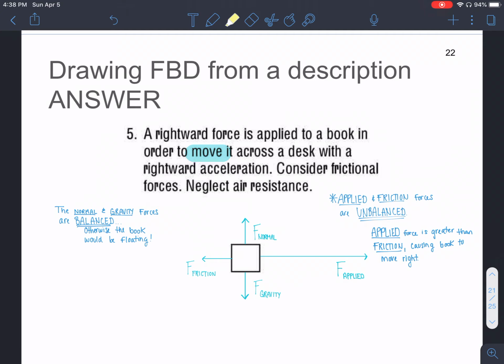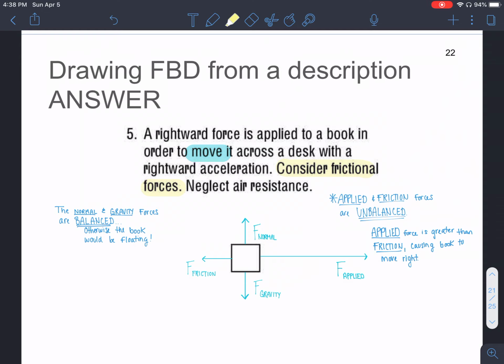And there is still friction, because it said to consider the frictional forces that are trying to slow the book down, but because it's specifically said that it is moving, it is not going to be an arrow that is equal in length, because it is not slowing the box down very much. And then we have the normal and gravity forces.